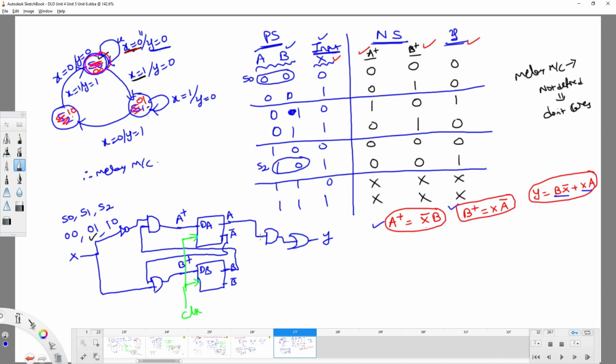And here another input might be X. So I will take it from this side, X A. And what might be the other input of this OR gate? It is going to be one more AND gate only, that is B X bar. B I can get directly from here. X bar you can take from its complement.